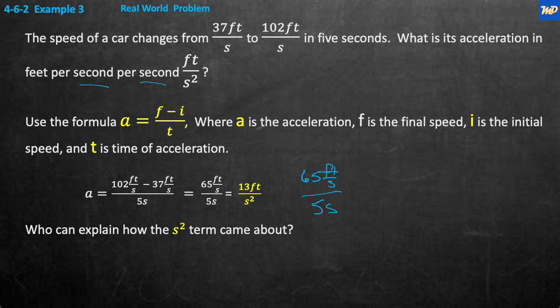So you can divide the 65, you'll end up with 13, and you have feet per second over seconds. That's over 1 second.